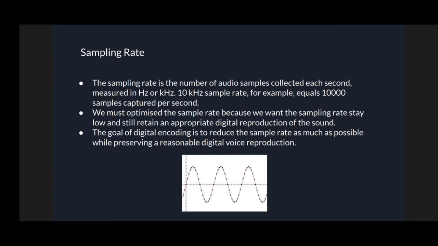We must optimize the sample rate because we want the sampling rate to stay low and still retain an appropriate digital reproduction of the sound. The goal of digital encoding is to reduce the sample rate as much as possible while preserving a reasonable digital voice reproduction.